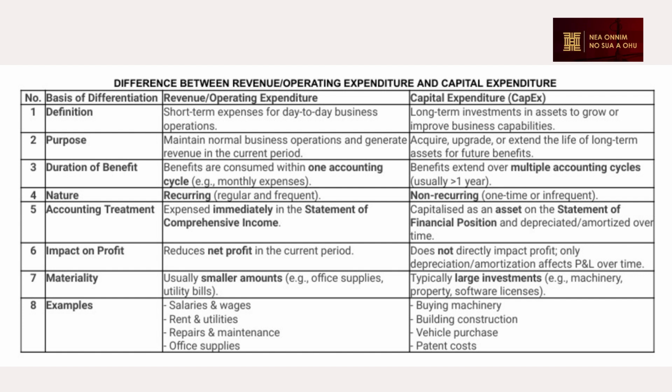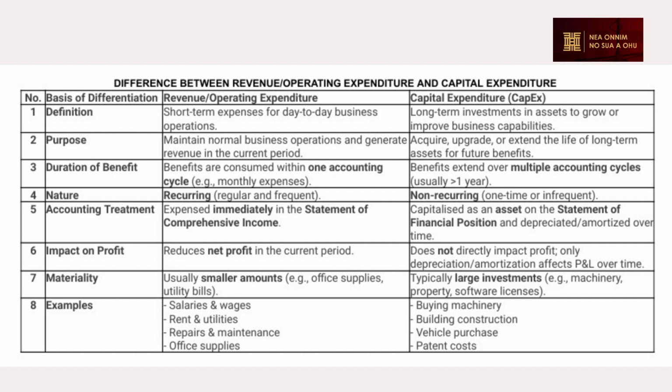And so these are expenses that are incurred and reported immediately as an expense in the statement of comprehensive income. But then when it comes to capital expenditure, these are expenditure that get to be what? Capitalized in the statement of financial position as assets.